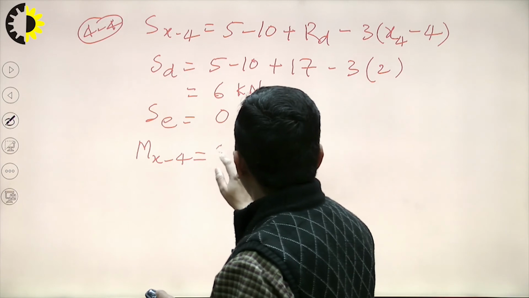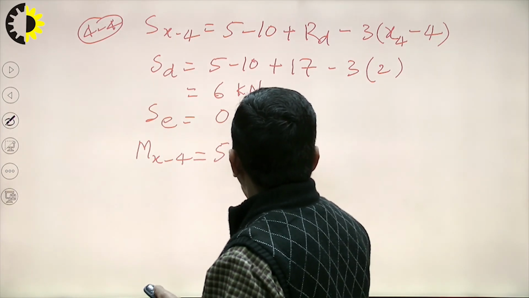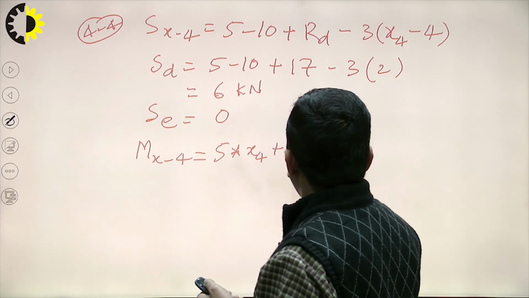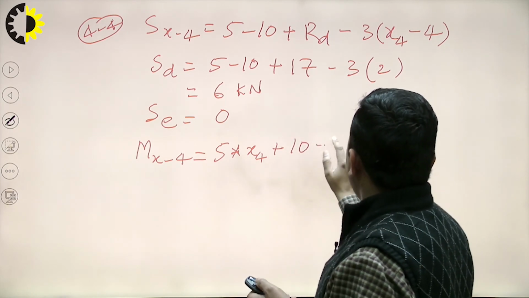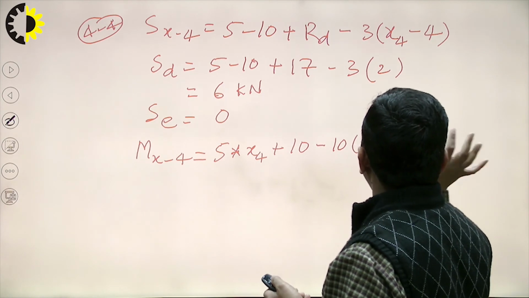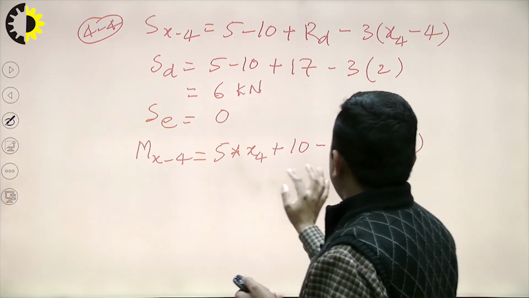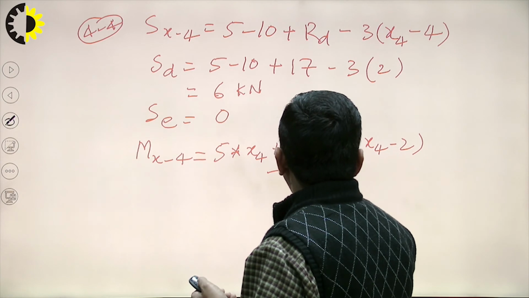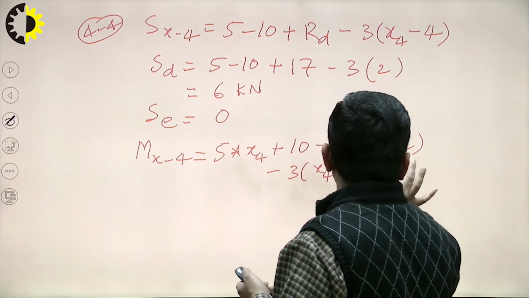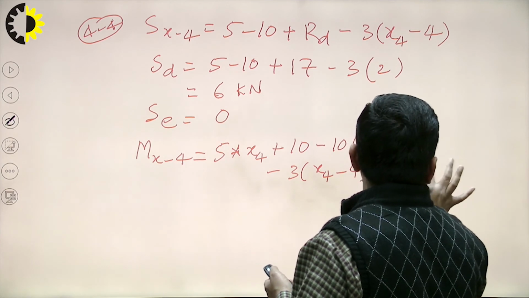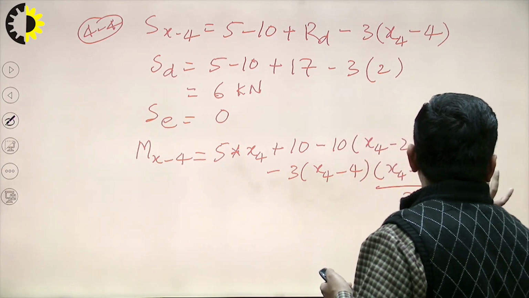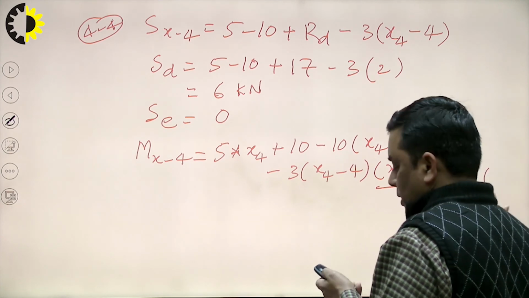Okay. 5 into x4 plus this 10 kilonewton meter couple minus 10 into x4 minus 2, minus 3 into x4 minus 4 into x4 minus 4 divided by 2, plus RD and the distance of RD.